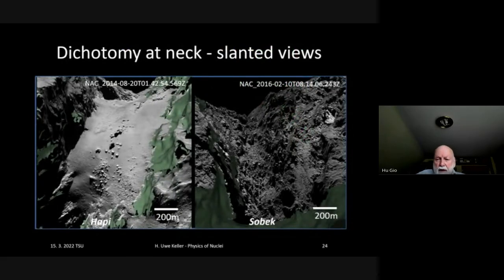So just to demonstrate this again, the different appearance: the Hapi area, the northern part, the smooth area, which was already mentioned by Marco earlier, and then the south part, which gives you an impression of a rocky area, where the more or less pristine material of the nucleus sublimes during perihelion.